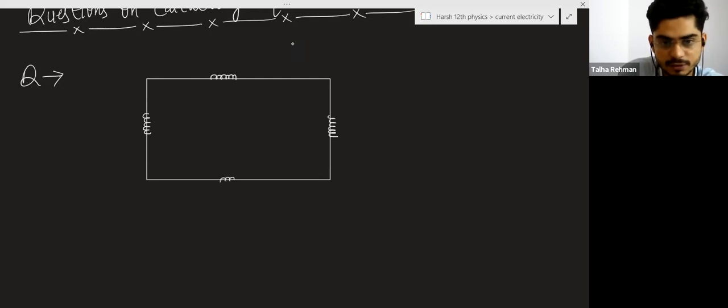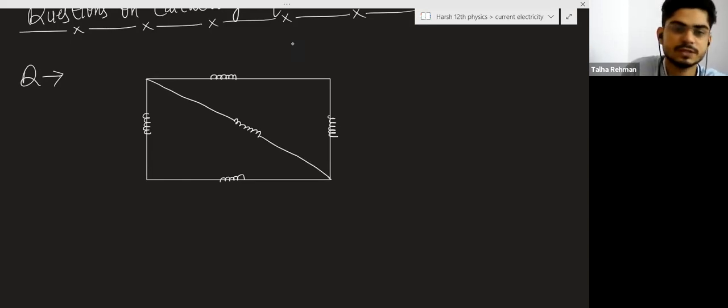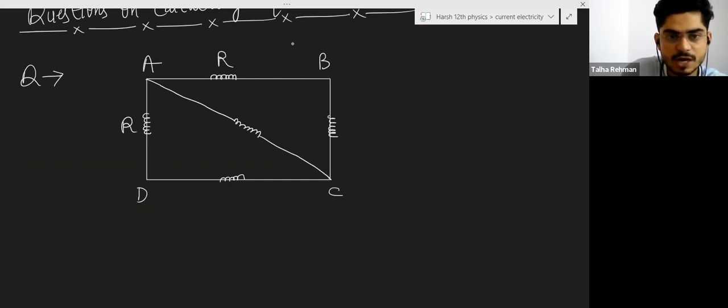Now I have connected one resistance here also, one resistance here also, and these are points A, B, C, and D, and all the resistances have the value R.